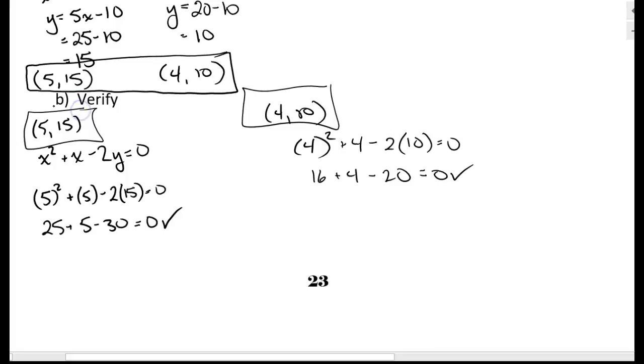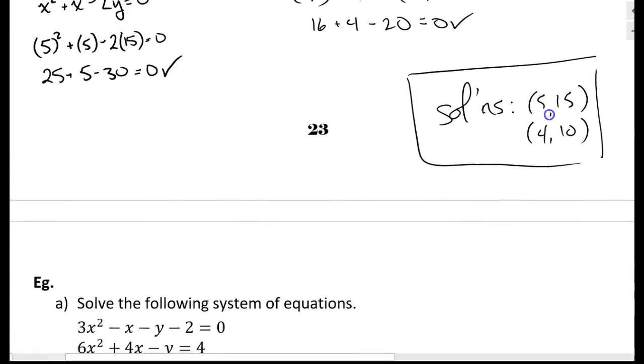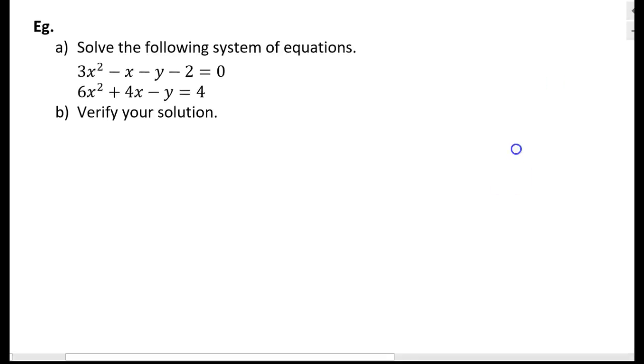Good. Check. That means that my final answer, my solutions, are going to be 5 and 15 and 4 and 10. There's no word problem, so there's no excluding values, so I'm good to go. As long as my verification works, I'm fine.